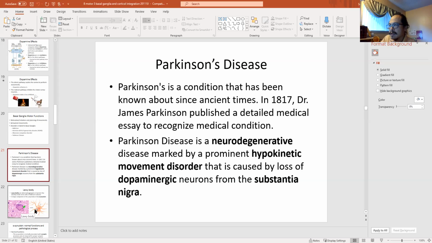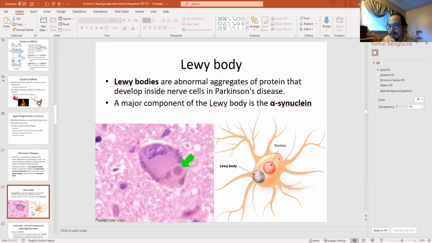In Parkinson's disease, the pathology is the degeneration of the dopaminergic neurons in the substantia nigra. The cause could be complicated, but one known related cause is the accumulation of a protein in these neurons.